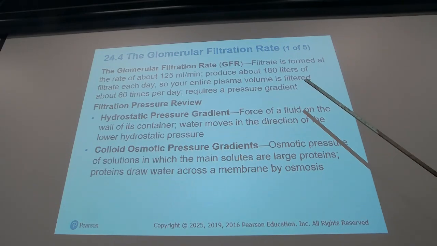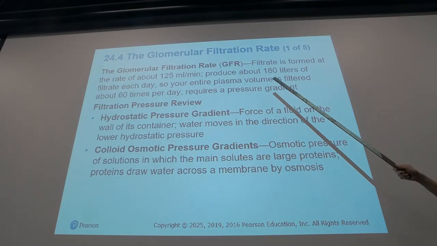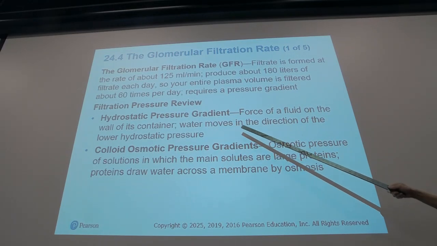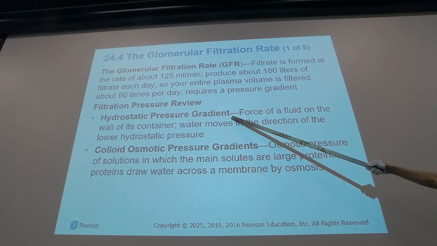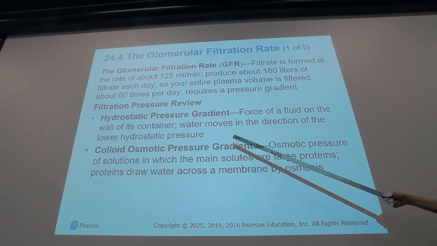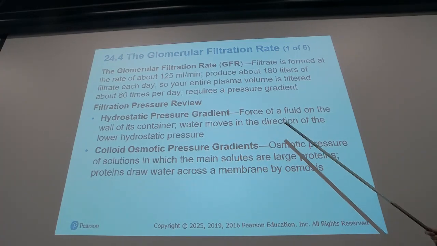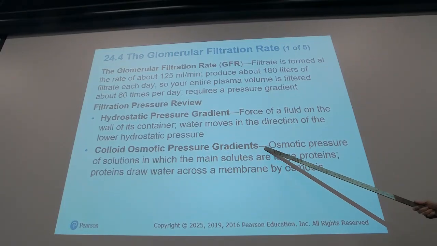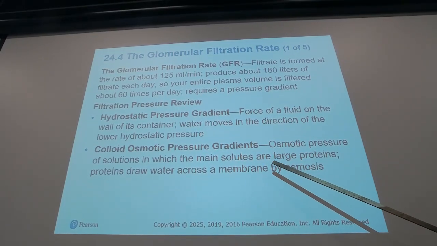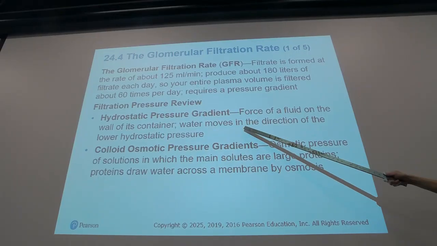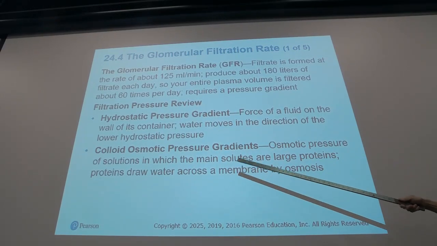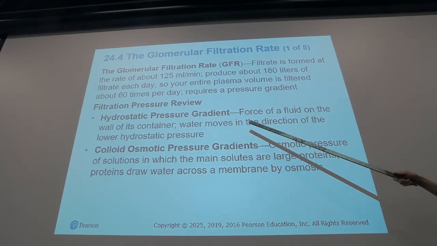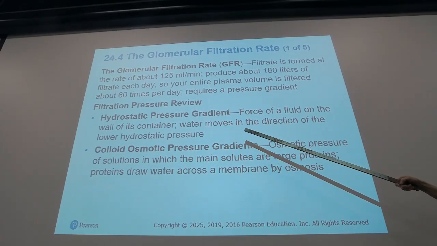And that filtrate that we form per minute is the result of these pressures. We have hydrostatic pressure and colloid osmotic pressure. Now, we have colloid osmotic pressure only inside the capillaries because that's where we have albumin and all the proteins. But we have hydrostatic pressure both in the capillaries and also in the capsular space because we have water on both sides.